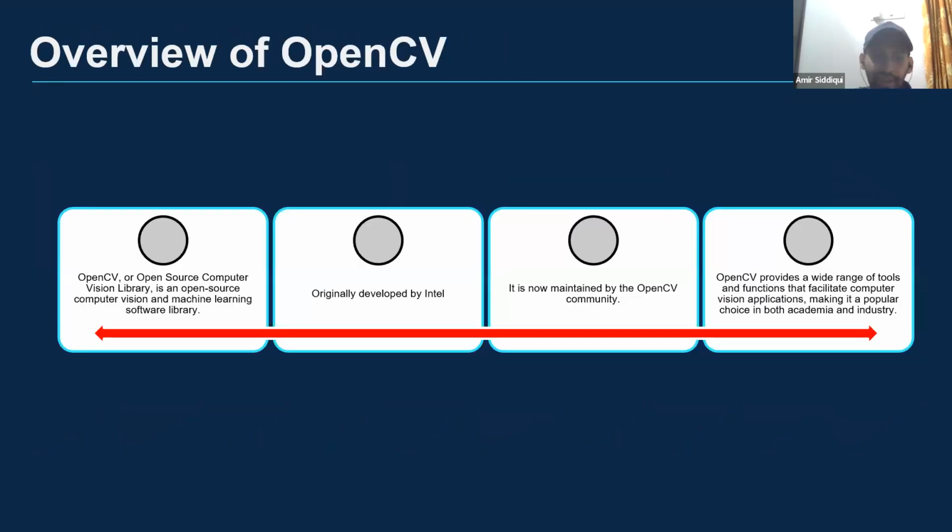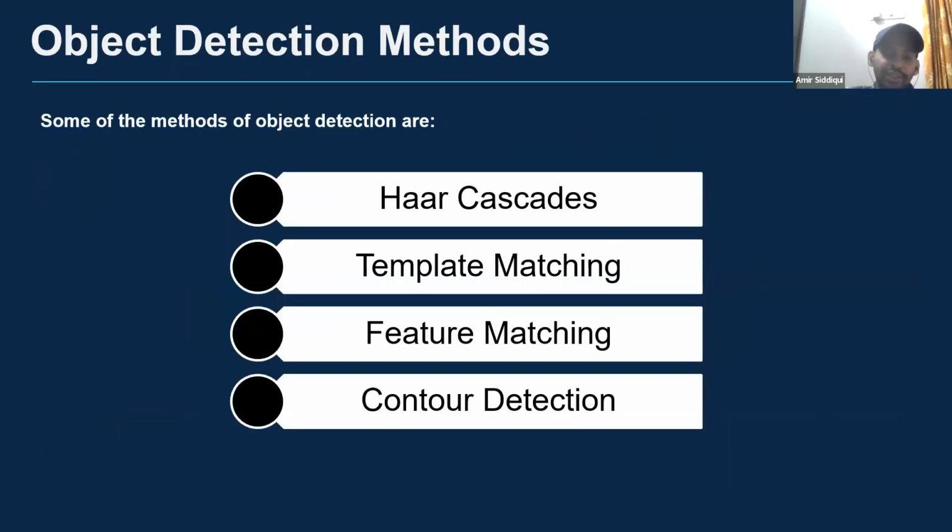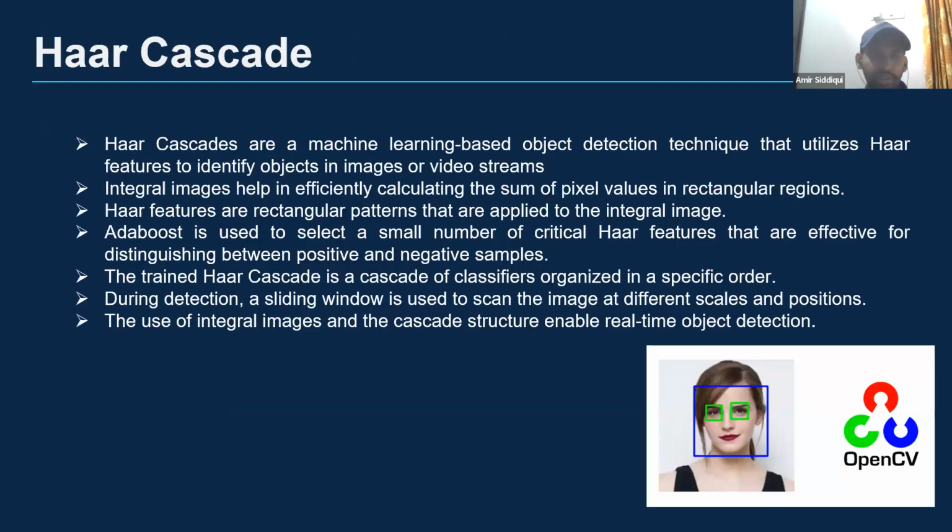And now inside OpenCV, these are the different algorithms that we can use for object detection. The first one is Haar cascades, then we have template matching, then feature matching, and then contour detection. If I talk about Haar cascade, it is based on machine learning techniques, and it has rectangular features.